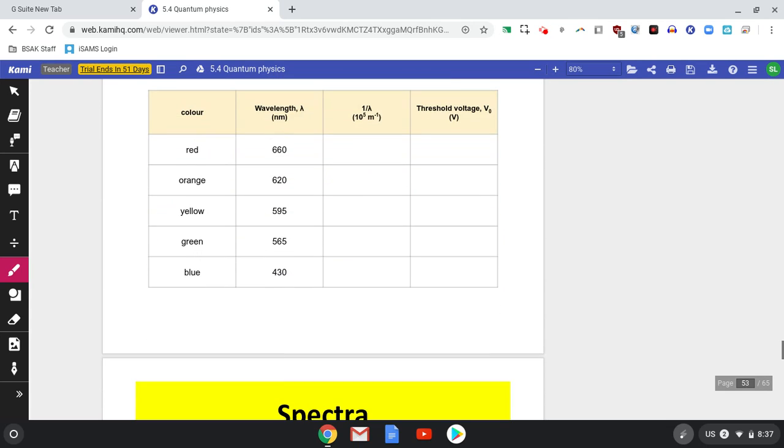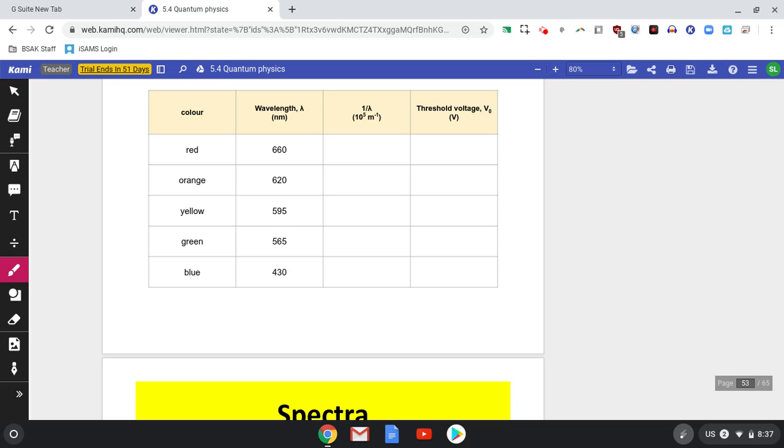Table of results. This is for you to fill in as well. I've got a Google Doc for you. Right, this is important. Okay, we've got wavelengths in nanometers. Now 1 over wavelength. Remember what I said in the previous video about tables with very large and very small numbers. I want these values here to be 10 to the 5 m to the minus 1.